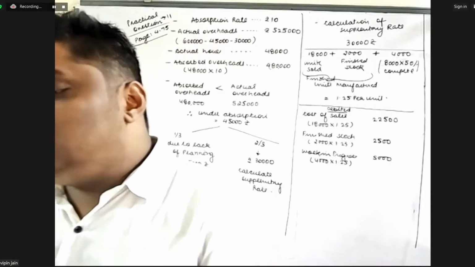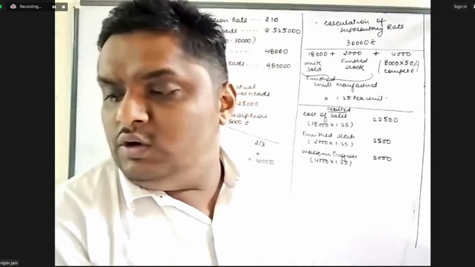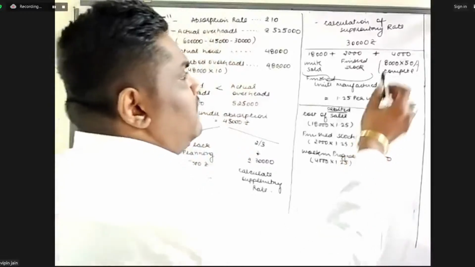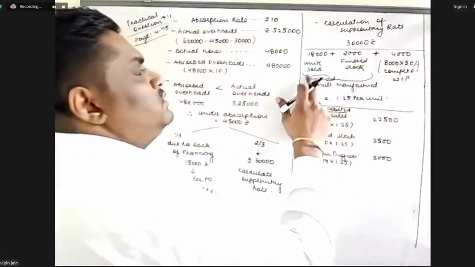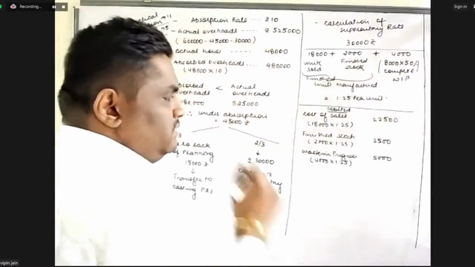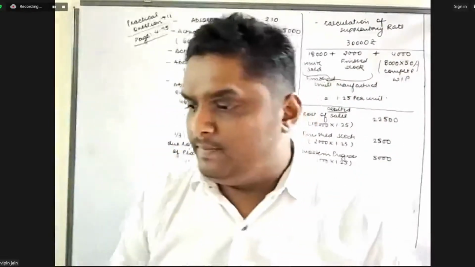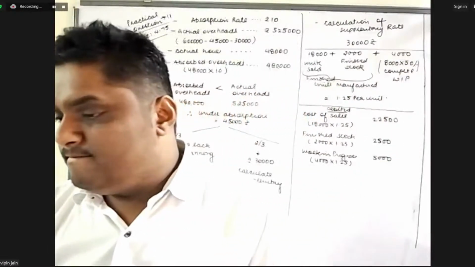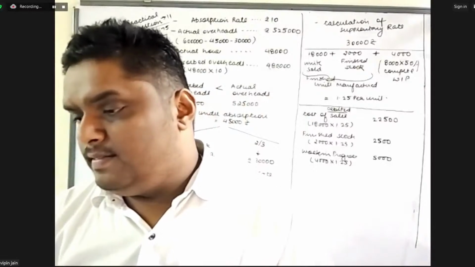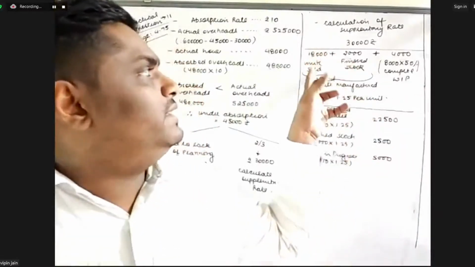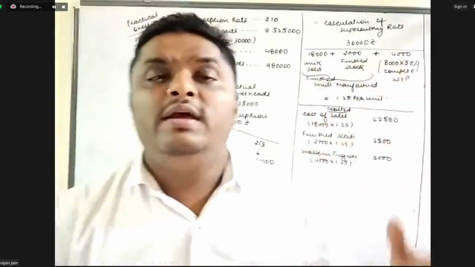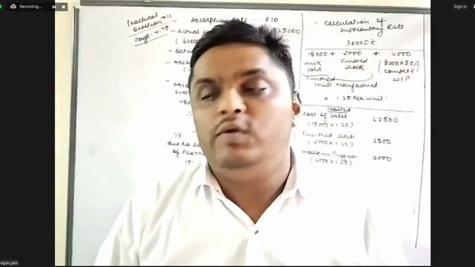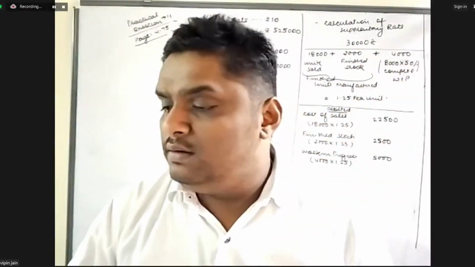I have already considered the work in progress also, Mr. Gondi. Herein, this is what my work in progress. Unit sold, finished stock, and work in progress. Units sold 18,000, 2,000 units that are still in stock, and 4,000 equivalent number of units that are still in process.